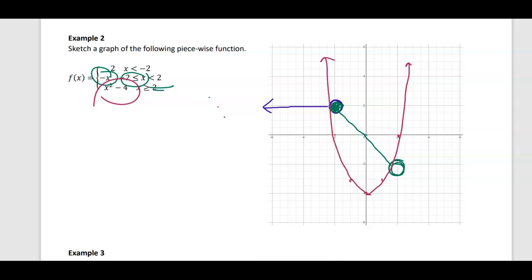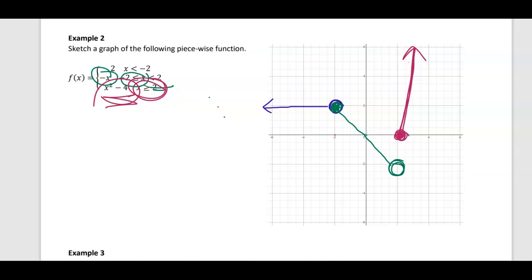Okay, when x is equal to 2, I have a closed end piece here. So I know that that's a 0 actually of that graph. And then I actually only want this part of that quadratic graph. So let's go ahead and erase the other part. And so that's my piecewise function graph.